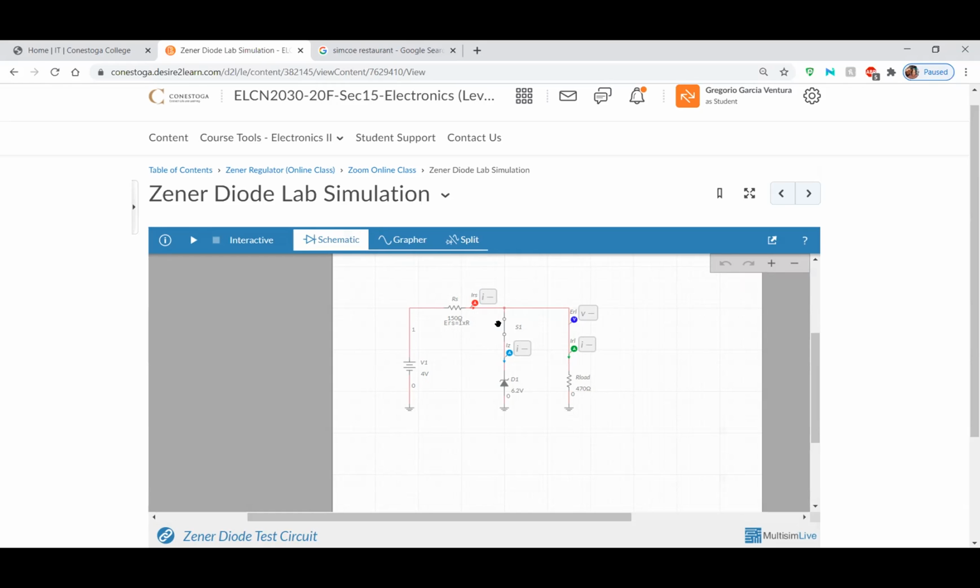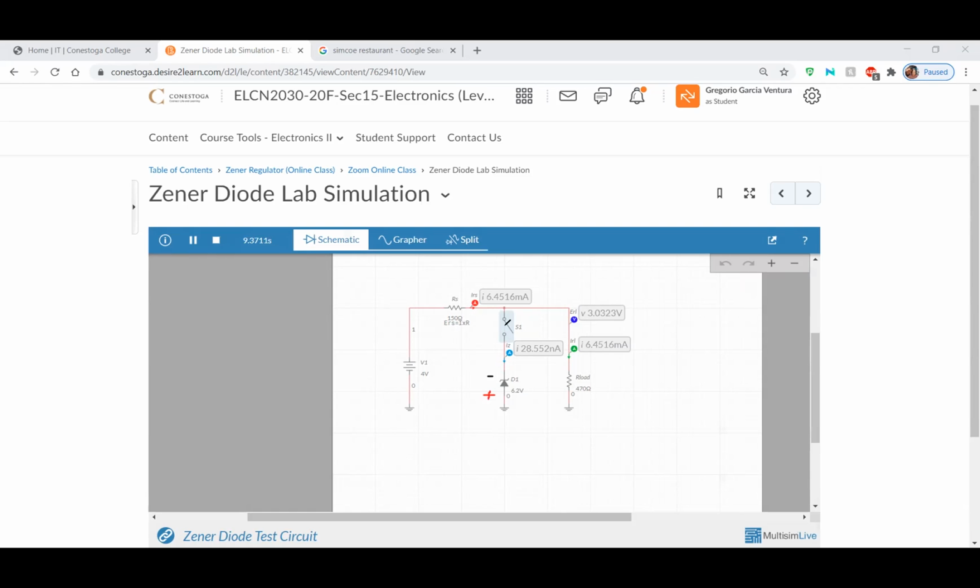In this instance, we are going to explore what happens through a load when our Zener diode is in line. Something I want you to notice here is the following. In our Zener diode, on this side, connected to the ground, is the positive terminal, which is called the anode. On the other side, we have our negative terminal.